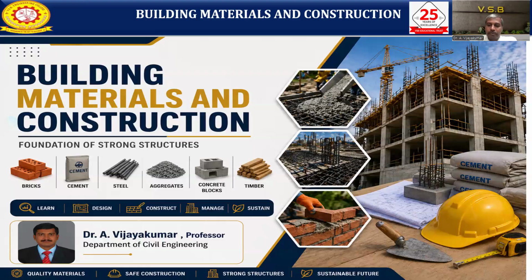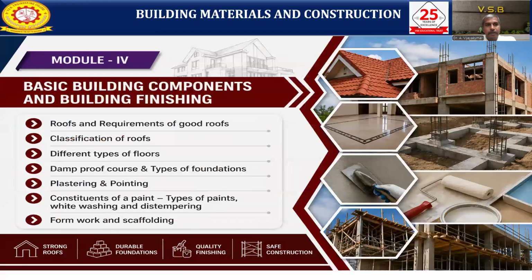Now we are going to look at module 4, basic building components and building finishing. Here we have two chapters that we are going to discuss. One is basic building components. The basic components include the roof and floors, foundations, windows and doors, and sunshades. These are the small building components.